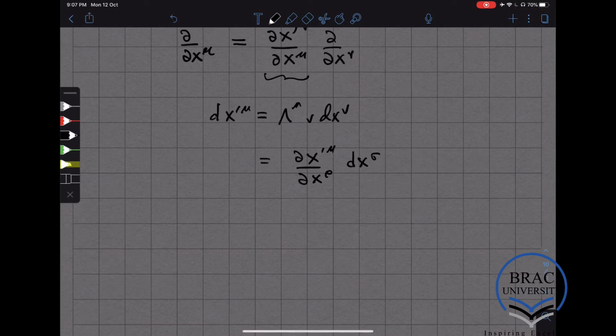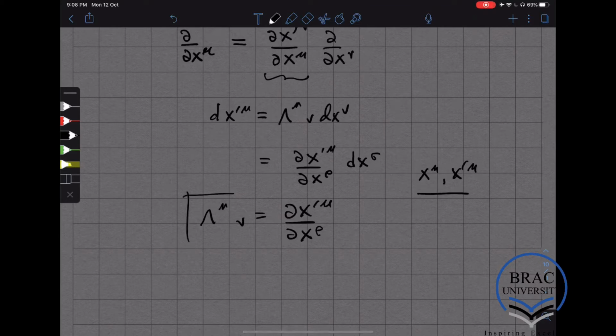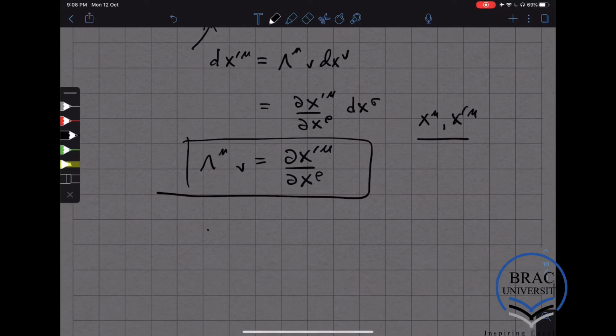In other words, lambda mu nu is equal to the partial of x prime mu with respect to x nu. Of course, the assumption here is that both x mu and x prime of mu are coordinates of inertial systems.